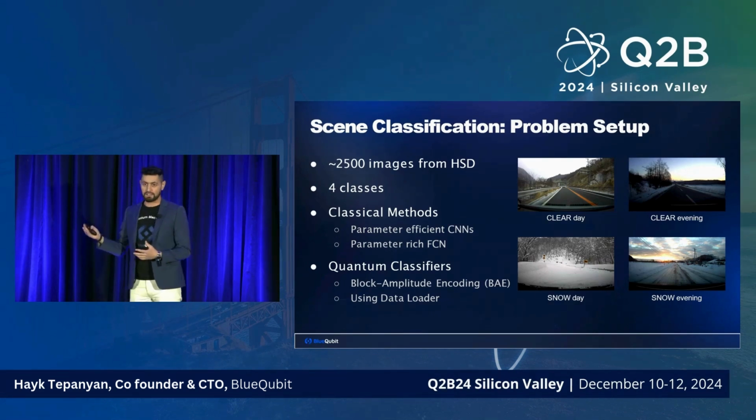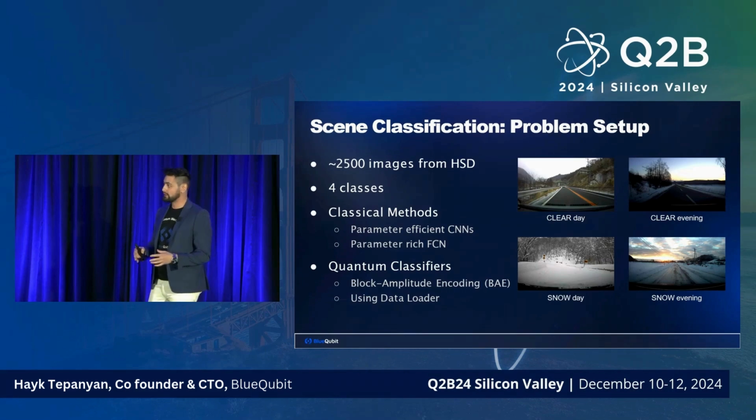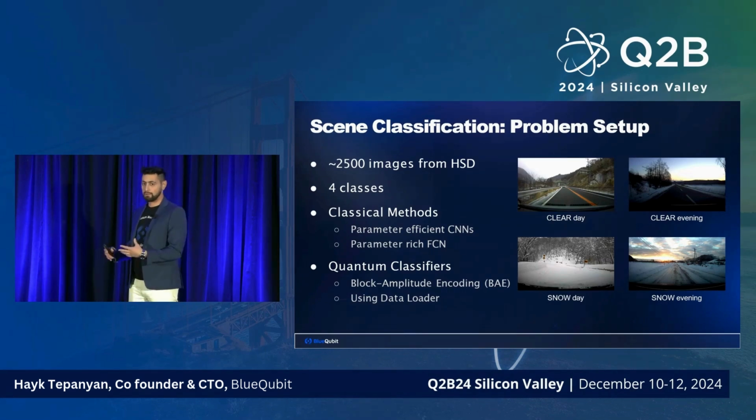The idea is that quantum algorithms today are, again, the first steps in this space. So it also makes sense to compare early stage quantum algorithms with early stage neural network algorithms. And I'll also be talking about the exact setup of the quantum classifiers that we used.